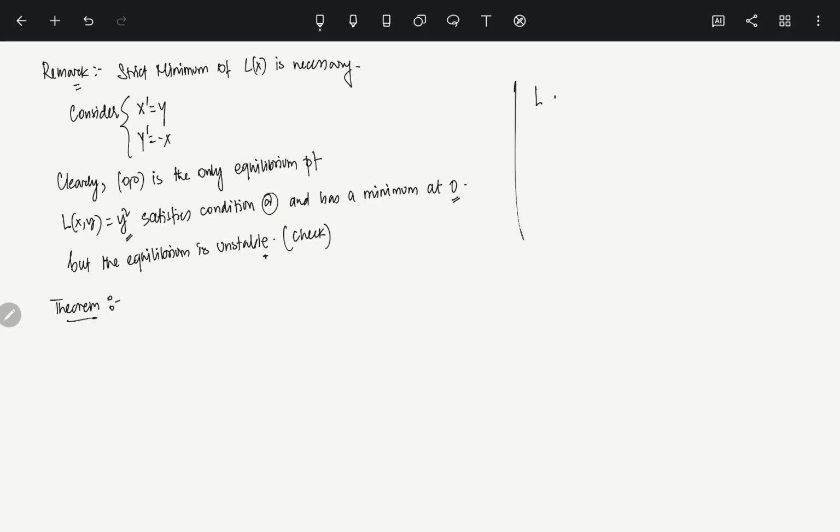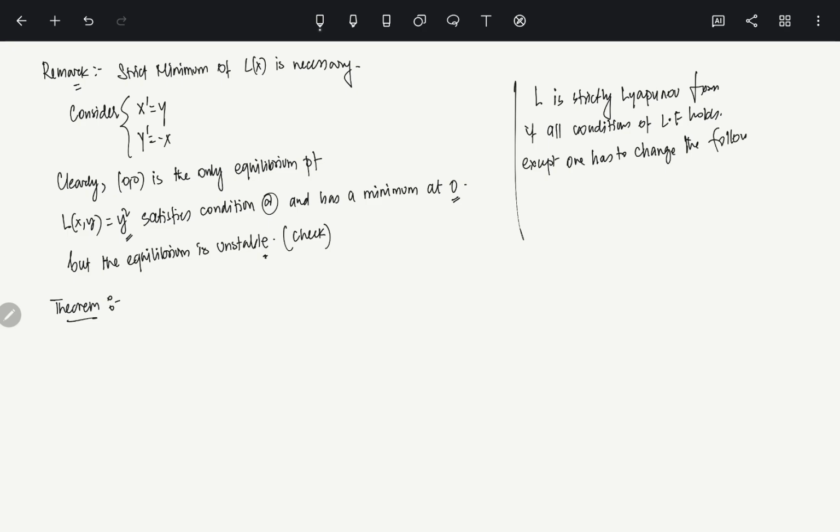L is a strict Lyapunov function if all conditions of a Lyapunov function hold except condition A. One has to change the following.